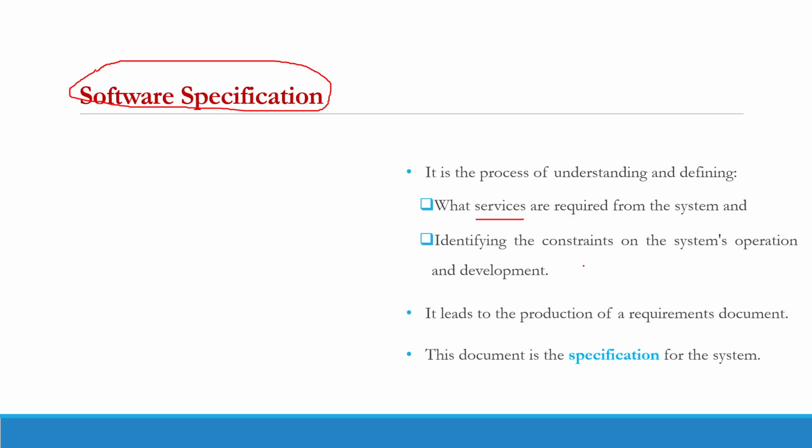So we will determine which constraints we will face. In general, the software specification leads us to produce a requirement document. This requirement document will have a set of defined requirements, and collectively these requirements are represented in system specification models.